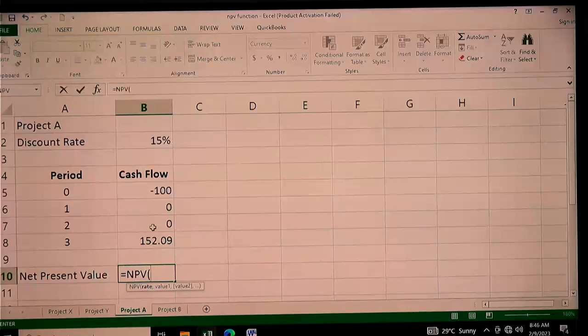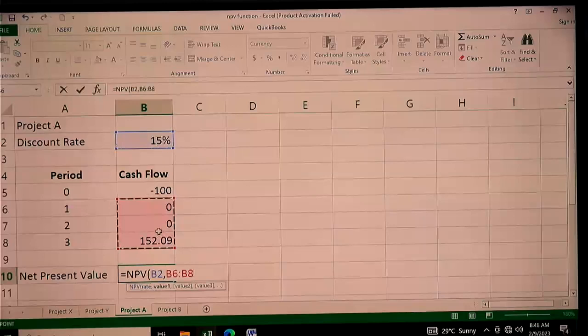We start with the rate. Don't forget that; you follow this small syntax down here. So we start with the rate, which is 15%. Then, comma, we select the series of payments, close the bracket, and then we subtract the initial investment.